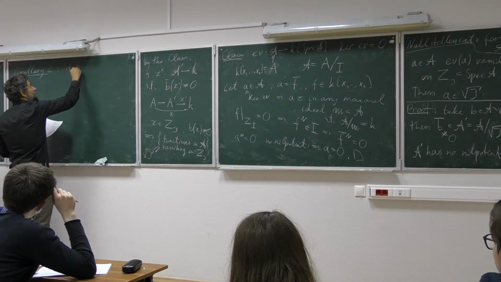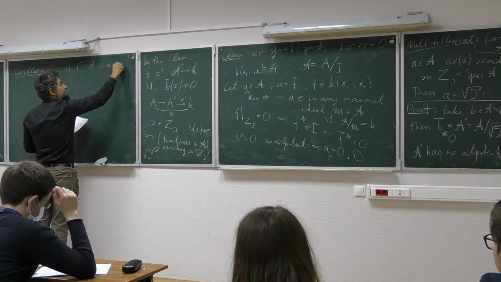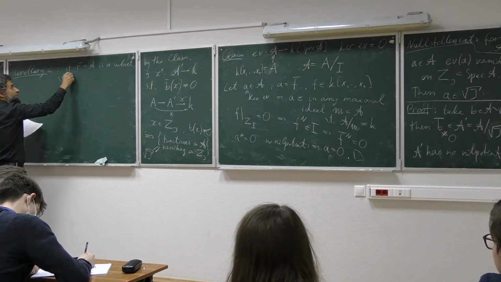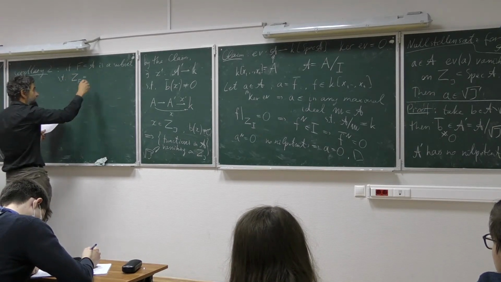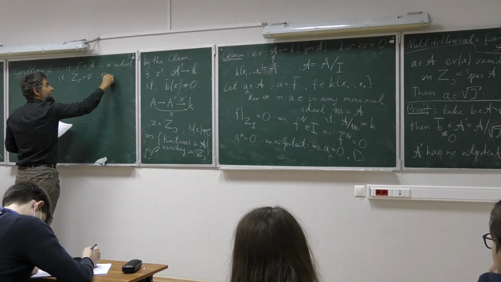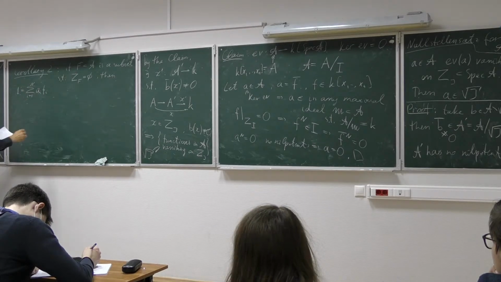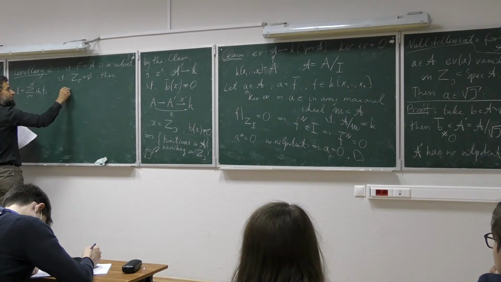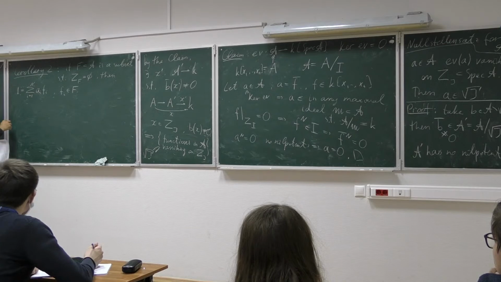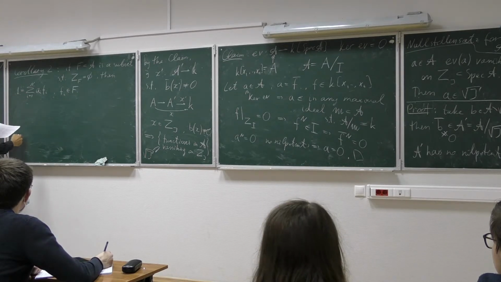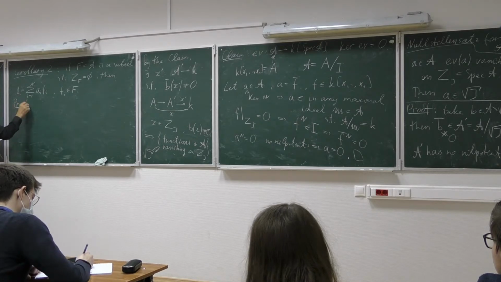If f_i in A is a subset such that the corresponding zero set is empty, then you can express 1 as a finite sum of a_i f_i of these elements. So you can express 1 via these elements.